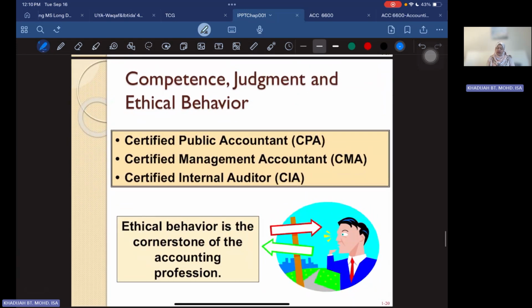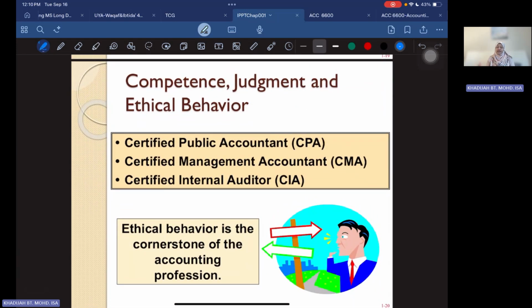And so we also have, for example, CPA, certified public accountants. We have certified management accountant. We have certified internal auditor. So we're talking about certified here. What is the difference, right? A person, for example, doing a degree in accounting, they have a degree only. But for you to be certified, you have to take another examination by the professional accountants certification.